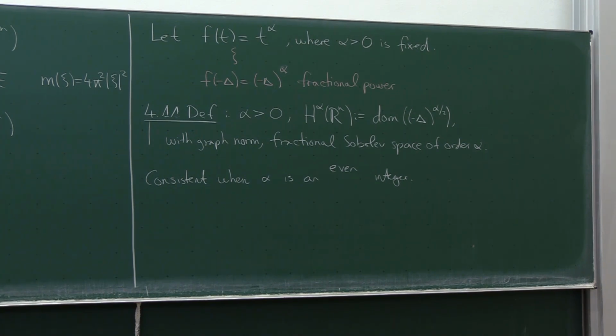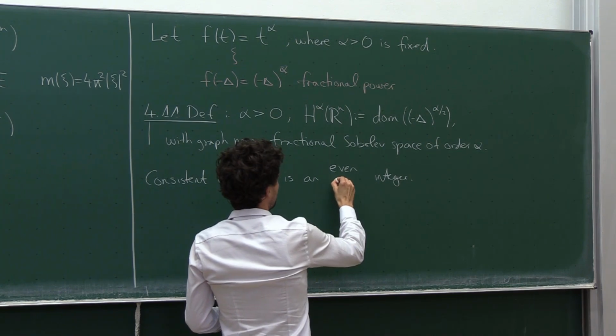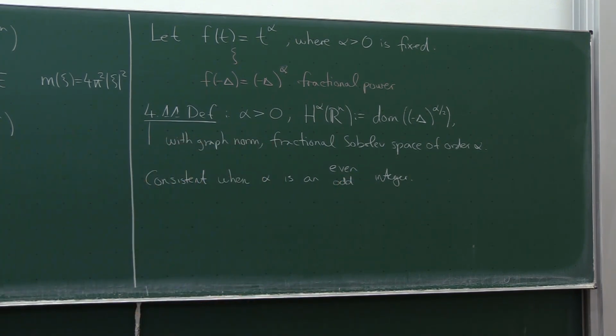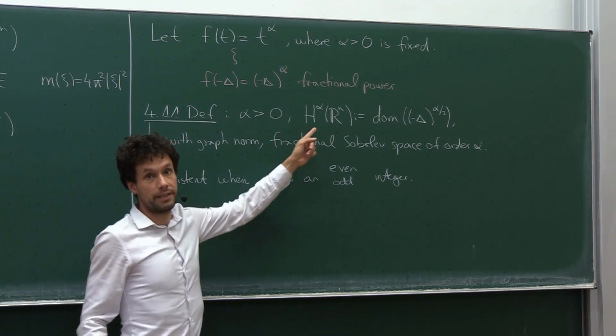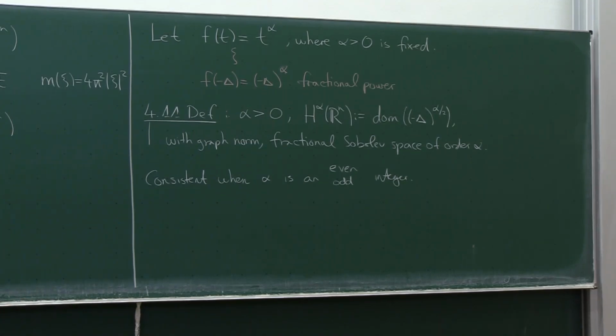Okay? It's also consistent if this alpha is an odd integer. In the sense that if alpha is an odd integer, say alpha is 1, then H1 already has a meaning from the chapter on Sobolev spaces.